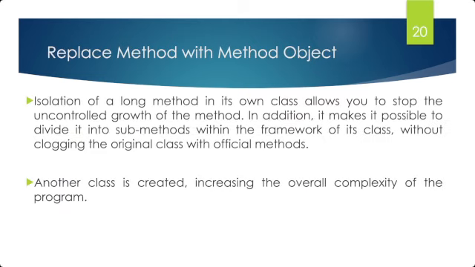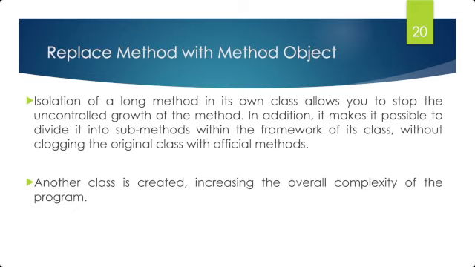Putting a long method into its own class helps stop it from growing too much. This new class gives us space to split the method into smaller parts, and we don't need to pull all of these small methods into the original class. We can hide them in our new class.